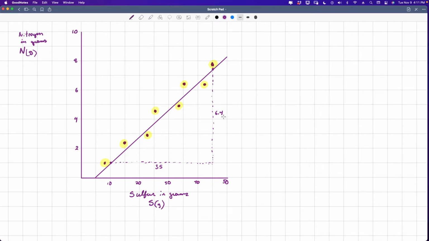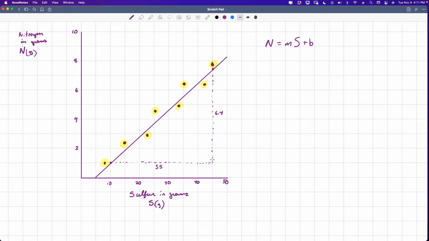Okay? So now we need to write our equation of the line. The y-axis is nitrogen, so that goes where the y goes. Then we have our slope, and the x-axis is sulfur, and then we have our plus b.